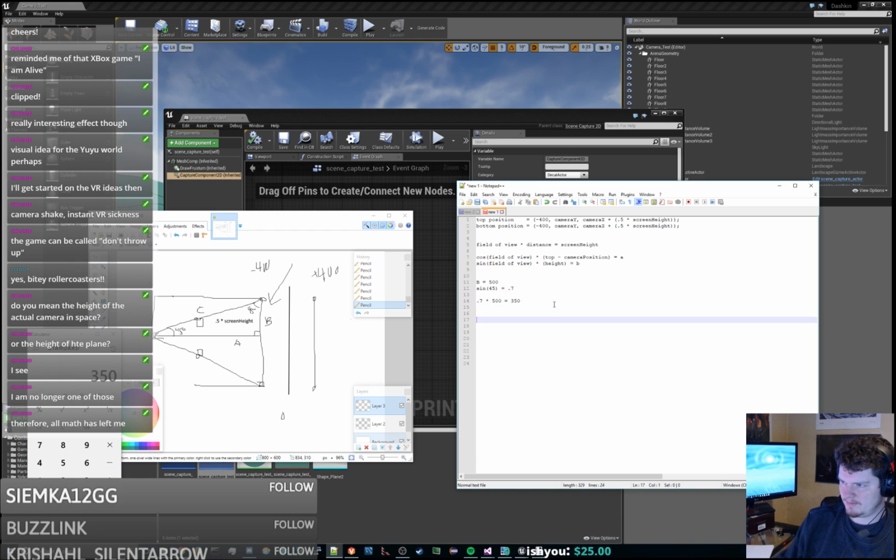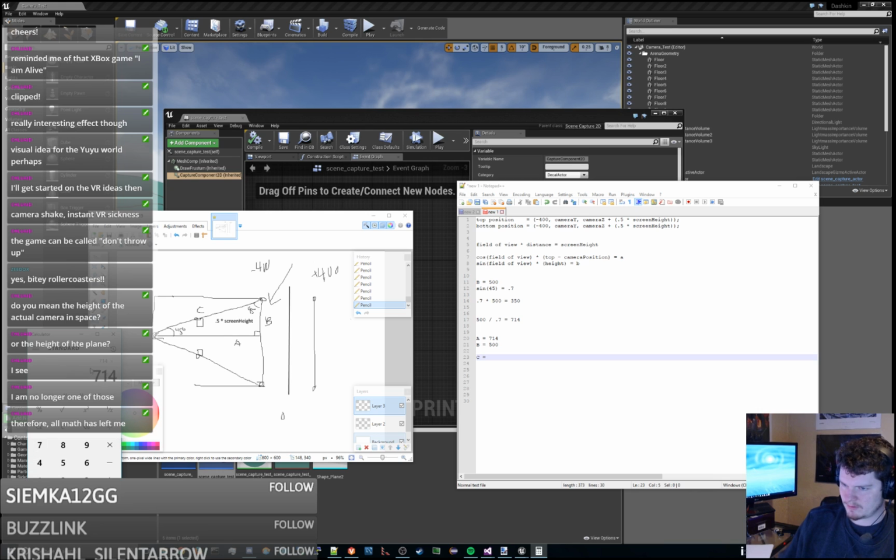So we need maybe 500 divided by 0.7, which is going to be 714. So if we had 714, is that our distance? So it's like the cosine of... we have 714, and that's A. Then what should happen is that if A equals 714 and B equals 500, then C should be A squared plus B squared equals C squared.